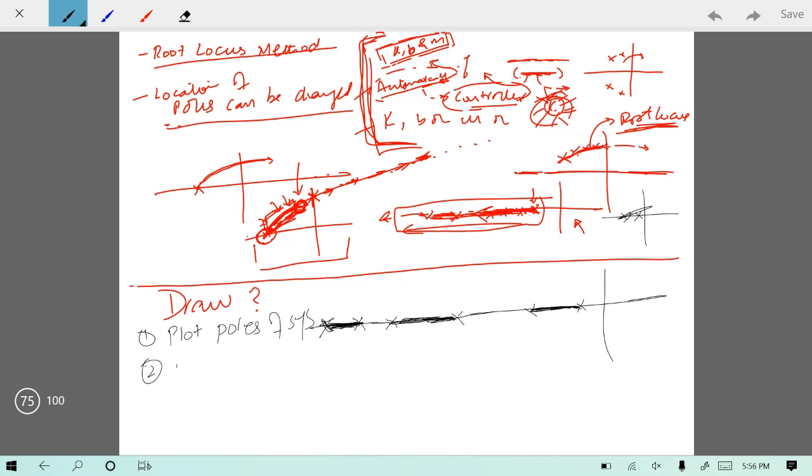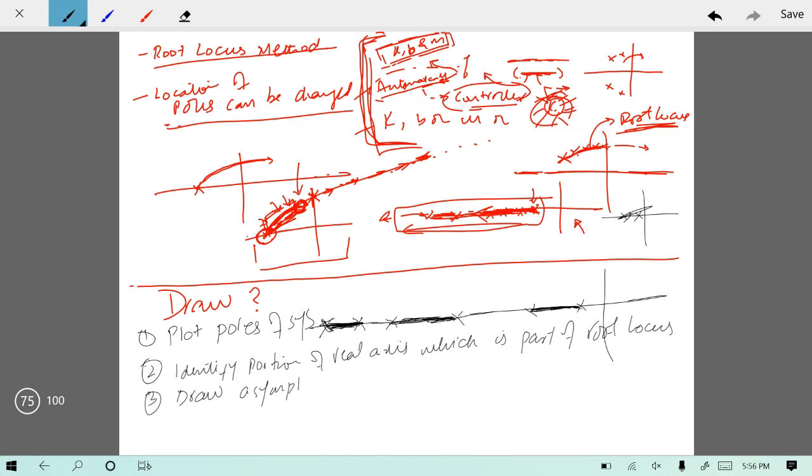The next step was to identify the portion of the real axis which is part of the root locus, and the next step was to draw the asymptotes, and another step is to find the point where the root locus crosses the j omega axis.